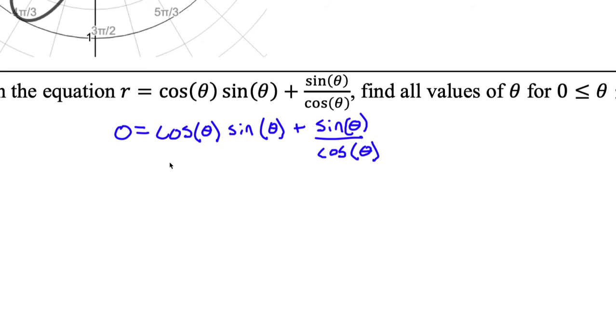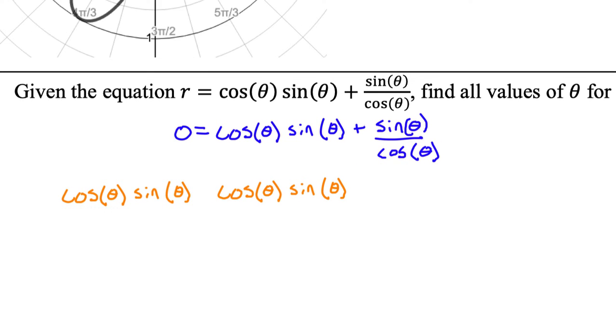I have technology so I can speed this up a little bit. What I'm doing to both sides right now is subtracting cosine times sine from both sides of this equation.